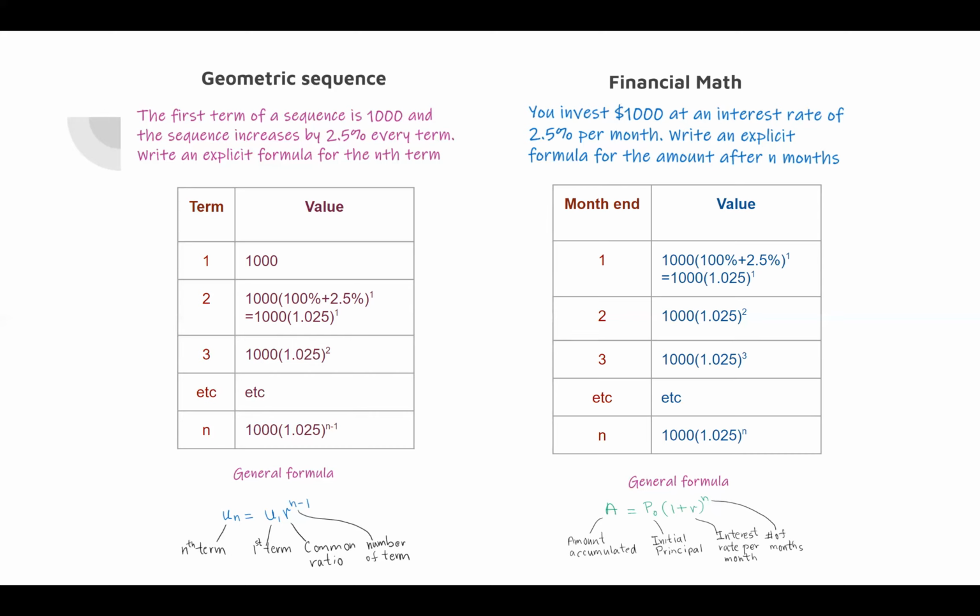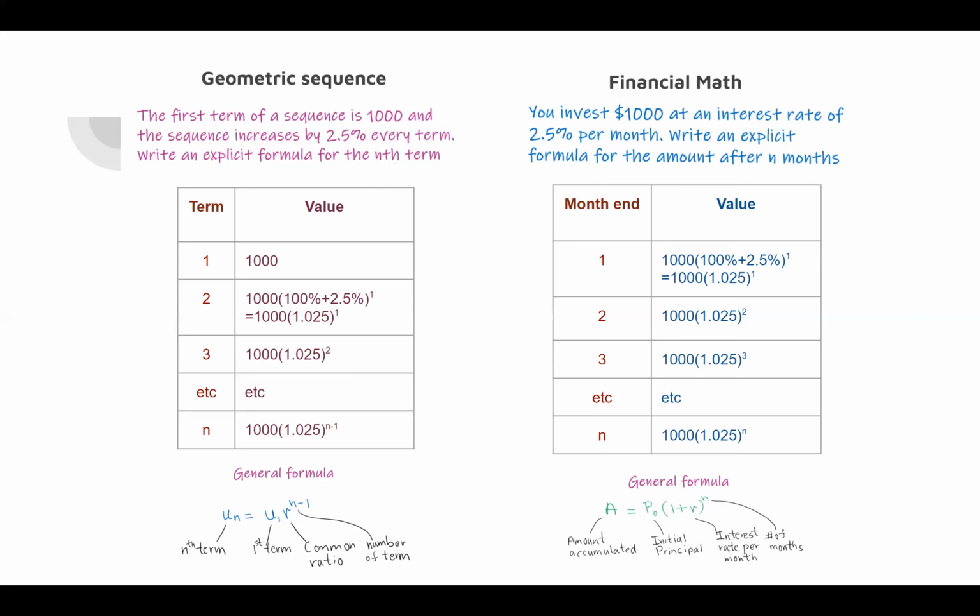Now, for example, r in the case of geometric sequences means common ratio, whereas in the case of financial math it is the interest rate per month. So it's really quite different when you consider its application in the formula.